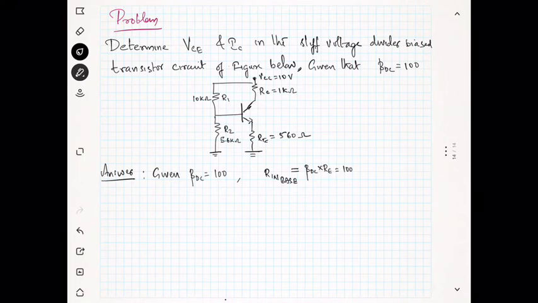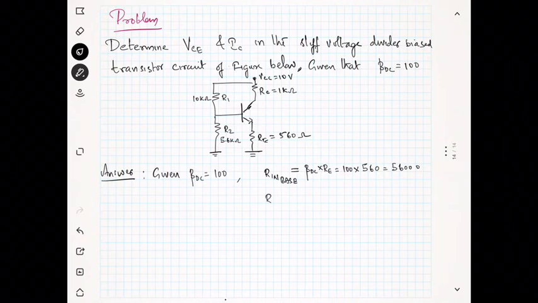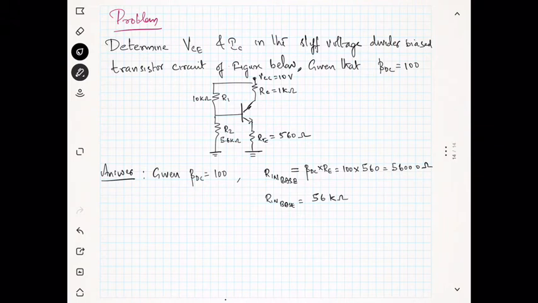Beta DC is 100 times RE is 560. So this is nothing but 56000 ohms, that is 56 kilo ohms.